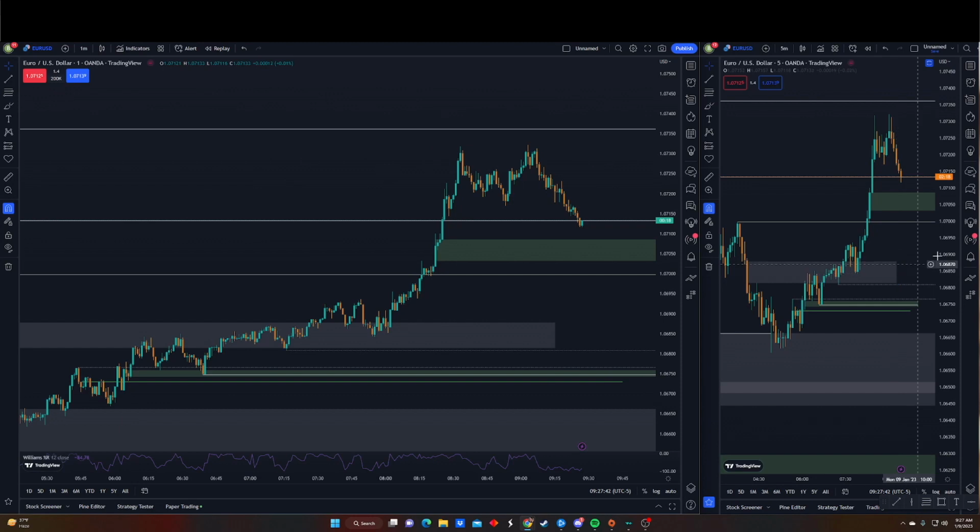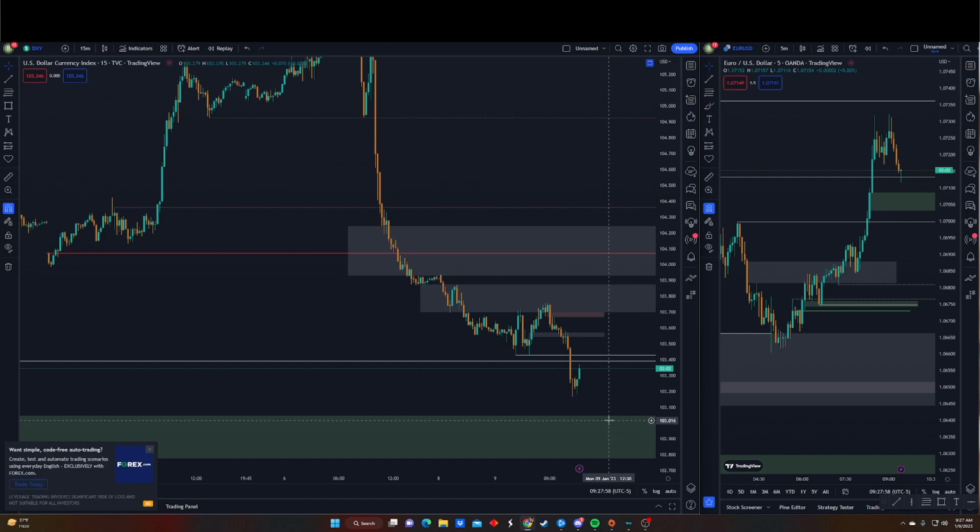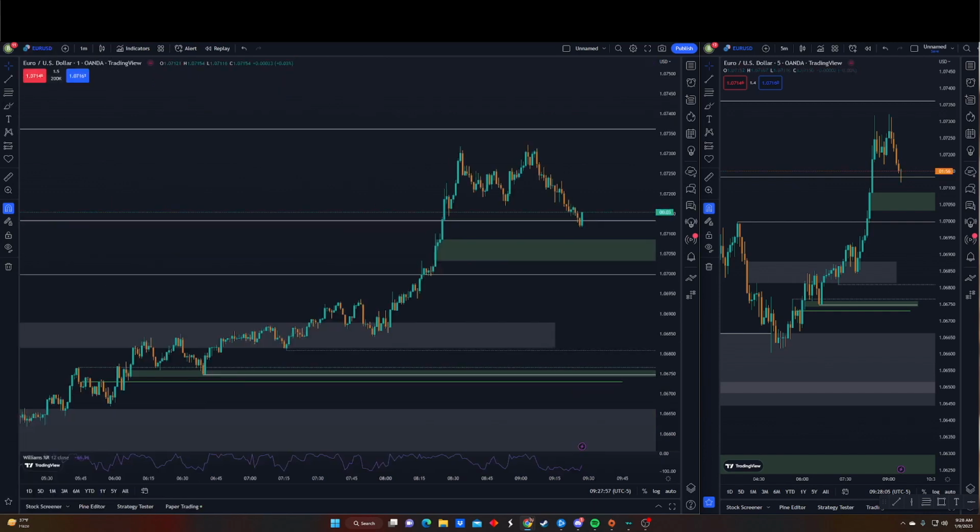Part of me thinks this is a market structure shift, but I'm not trusting it. I don't think price is bearish. I really think we're heading for 107.362. I really think we're heading down here, 103.047 and lower.